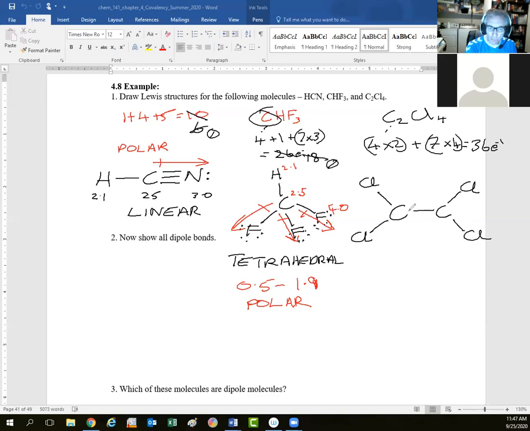That's used 2, 4, 6, 8, 10 electrons so far. So we're down to 26. We'll use the remaining electrons to complete octets. So that's 6 electrons for each of the chlorine atoms.